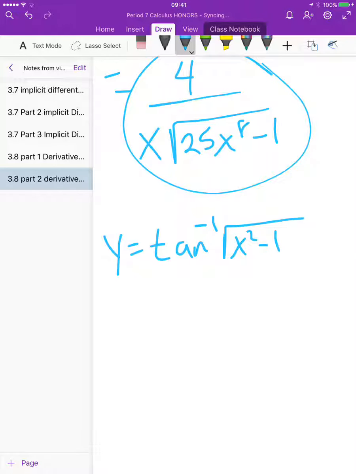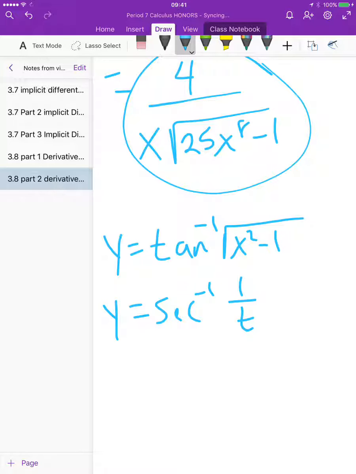Something with x squared minus 1, so give that one a shot. And then also give a shot with one with secant. Let's look at secant inverse of 1 over t.